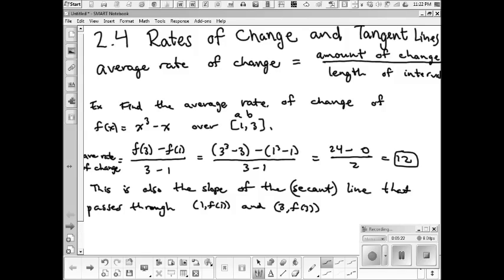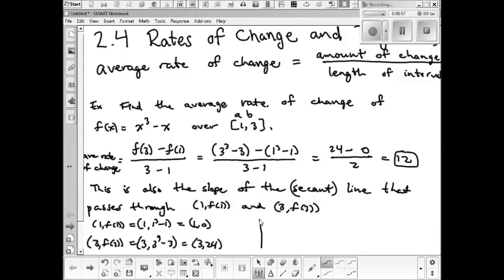Okay, so 1 comma f of 1 is just the point 1 comma 0. And 3 comma f of 3 is the point 3 comma 24.